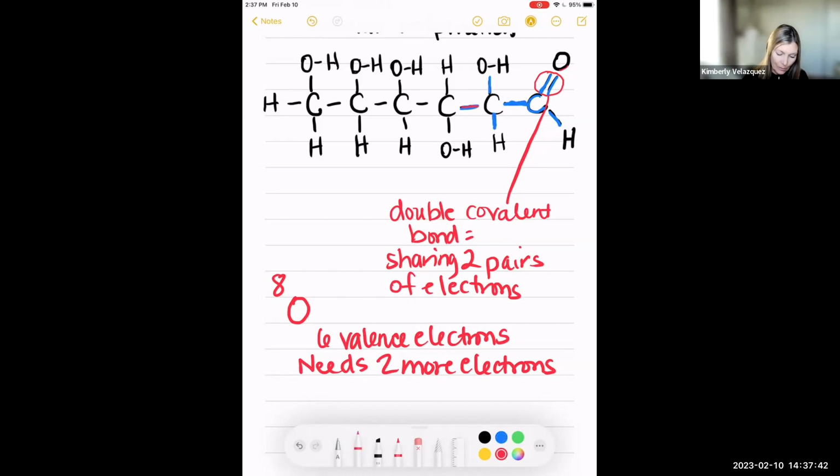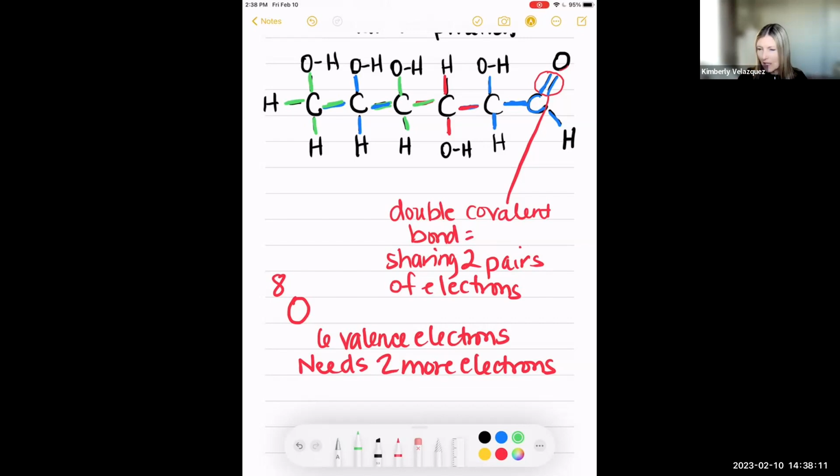The next one over, 1, 2, 3, 4. And then one more, 1, 2, 3, 4. So every one of those carbons is sharing 4 pairs of electrons to complete its outer shell.